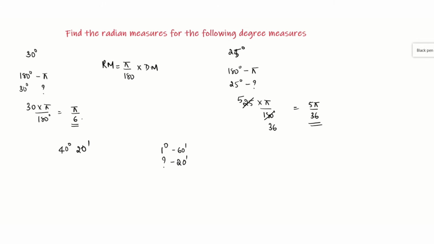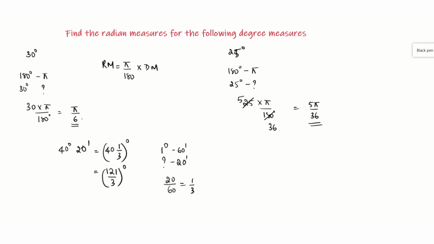It will be 20 into 1 divided by 60, that is 1 by 3. So 40 degrees 20 minutes is nothing but 40 and 1 by 3 degrees. So this is nothing but 40 into 3, that is 120 plus 1, that is 121 divided by 3 degrees.